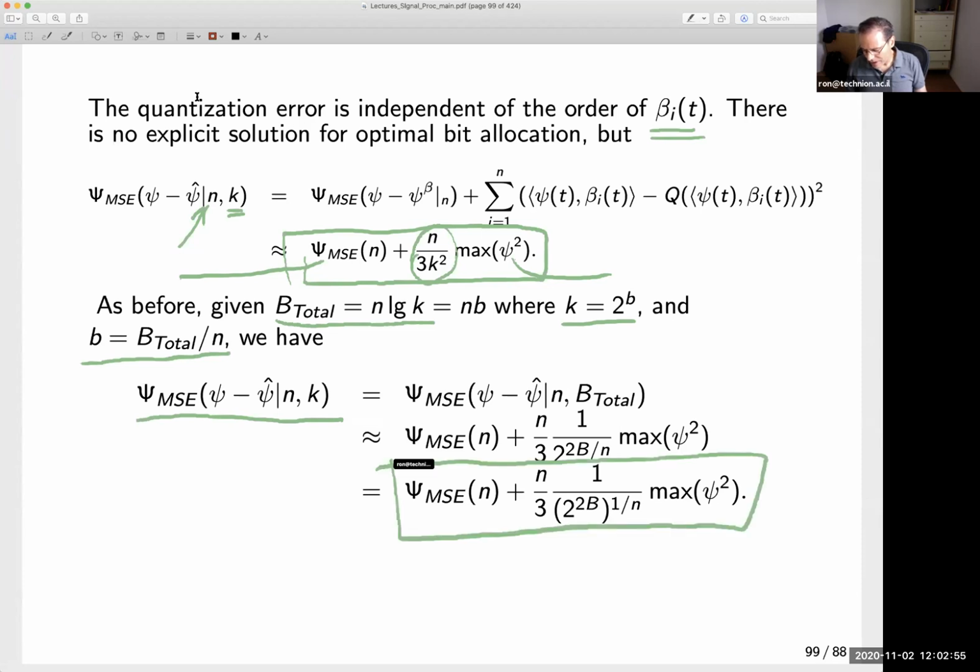And what we see is that we have this dependency and that dependency on n. So this is something that we can plot. This is a function that we could plot, and this is yet another function that we could plot.